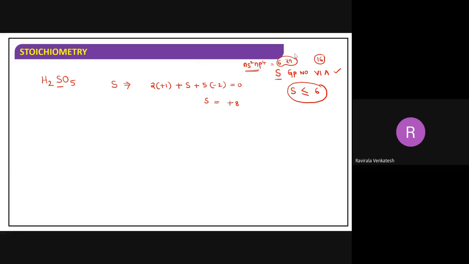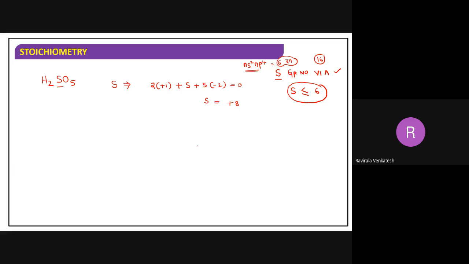If you have 100 rupees in your pocket and you lose it while playing in the ground, can you tell your parents, I have lost 150 rupees? How much money do you have in your pocket? Only 100 rupees. You can lose only 100, more than 100 is impossible here. So here also sulfur has only 6 valence electrons. Therefore it can lose only its valence electrons, that is 6. So sulfur cannot exhibit more than 6 in its oxidation number.